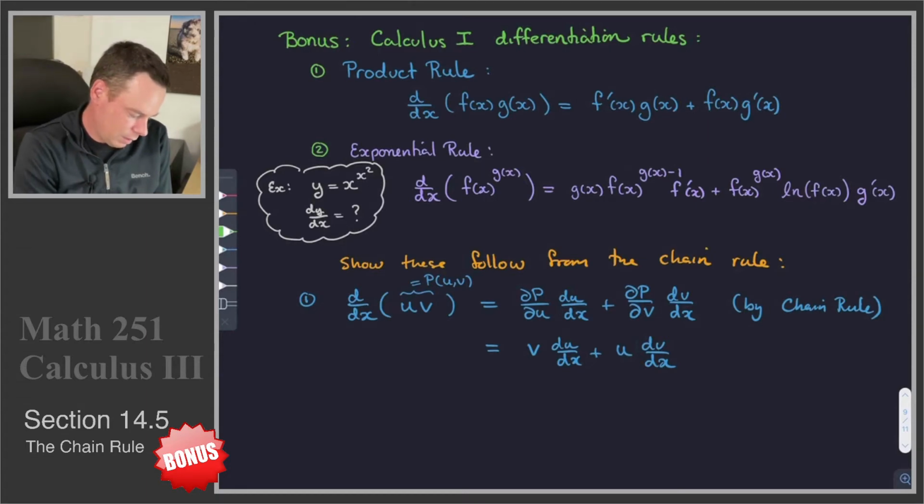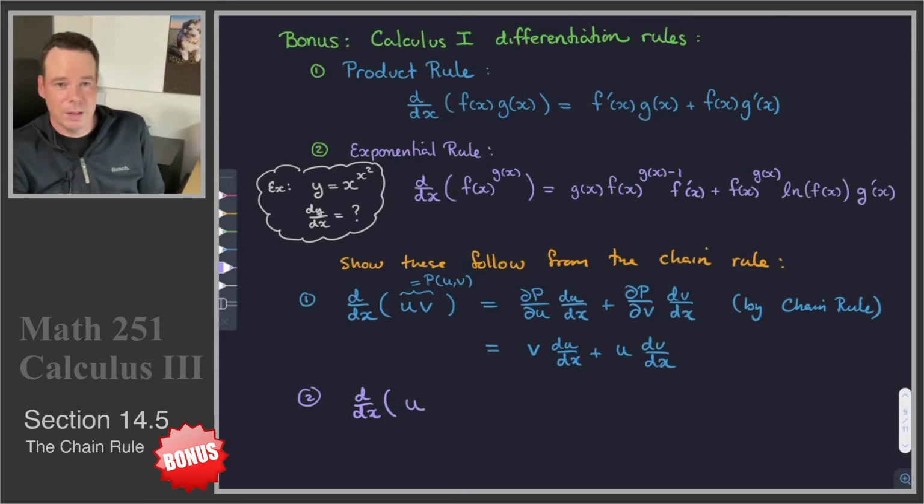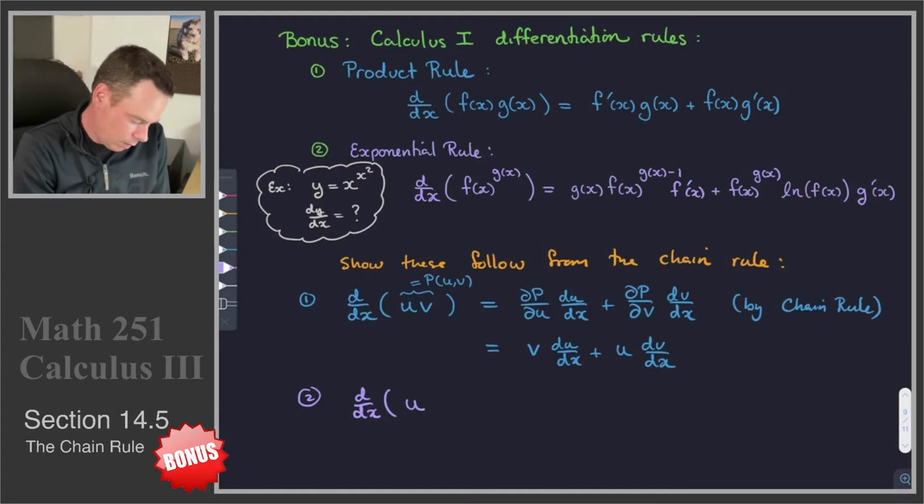Let's see how we can do the same thing for the exponential rule. So the exponential rule says we want to differentiate one function raised to the power of another one. So I'm going to first write it down as a multivariable function. It's something raised to the power of something else, and so that's going to be the form that I'm trying to differentiate. So I'll call that capital E of uv.